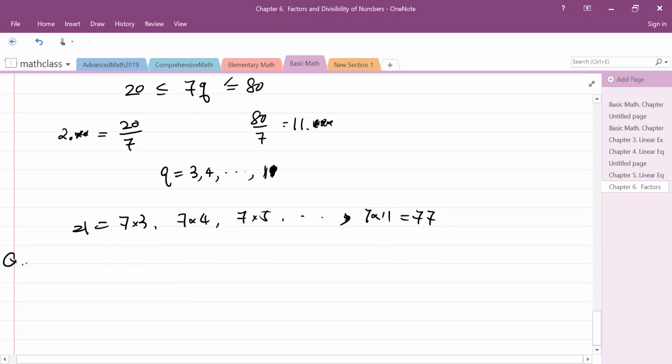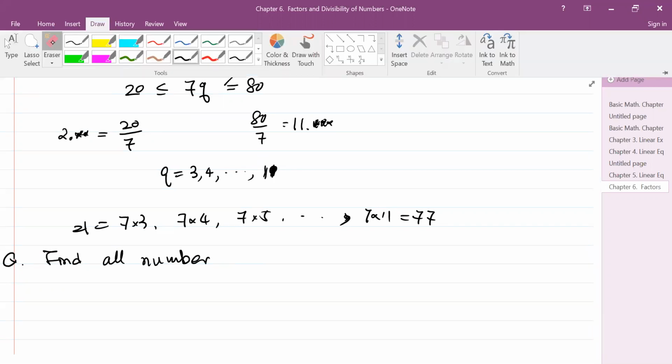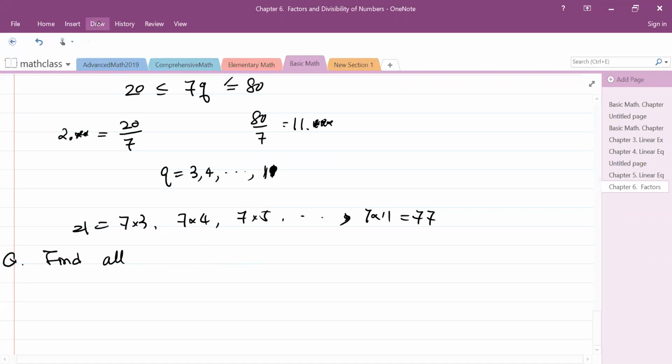Another one is, find all numbers, integers, okay? Those are integers. When we say numbers here, it usually means integers.